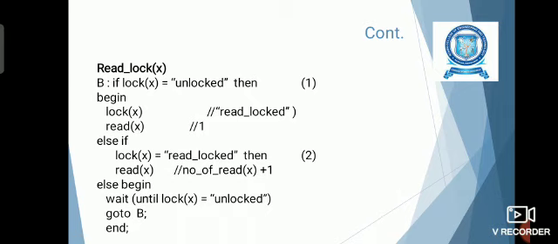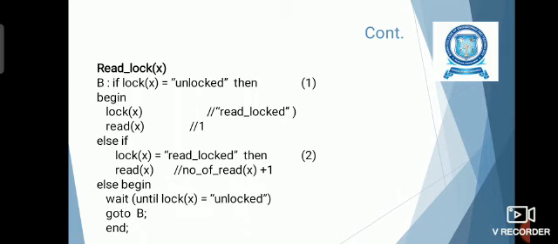Since only a read lock is available on the data item X, another transaction can also perform the read operation. So this new transaction also performs the read operation by executing read of X.